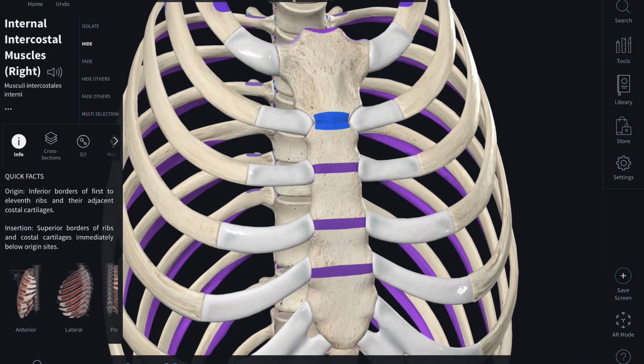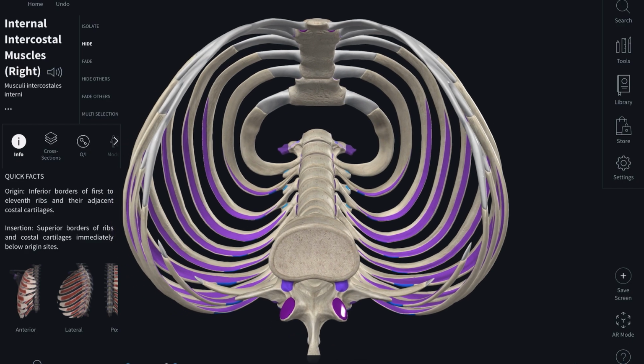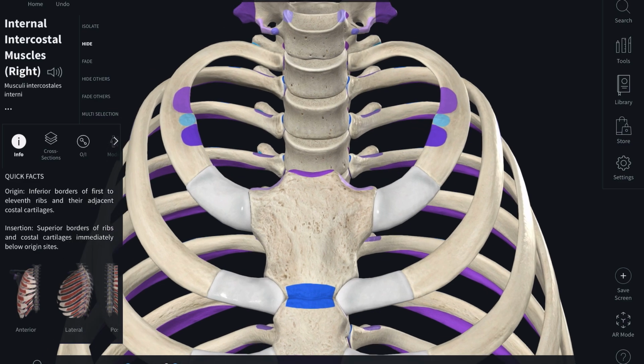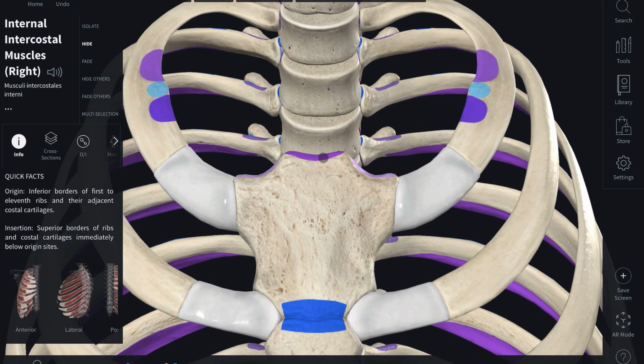Down below, looking at it like this, the opening down here is going to be your inferior thoracic aperture. And coming back up to the sternum, this is going to be your jugular notch. It's also known as your suprasternal notch.